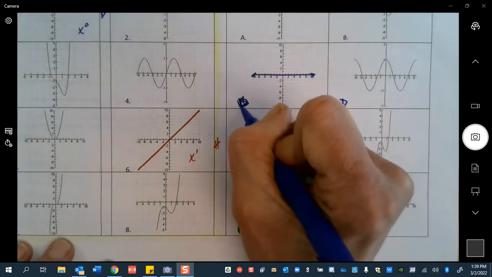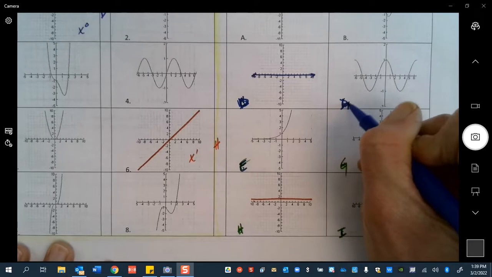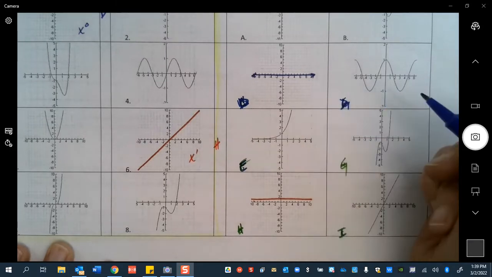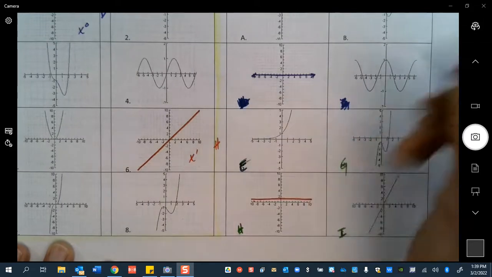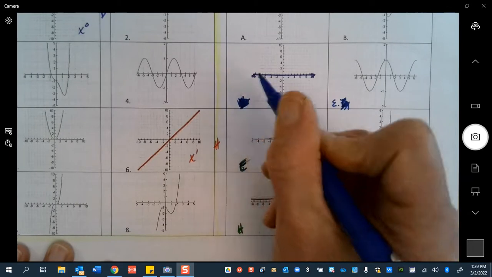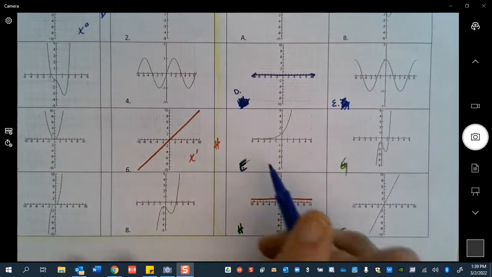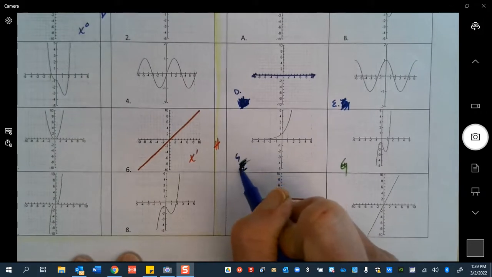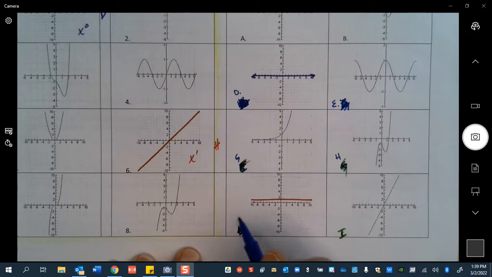So we'll leave this as D. And we'll leave this as G. I hate Word. What's this one supposed to be? D. And this one should be G. And this one should be H. And this one should be J. Okay.